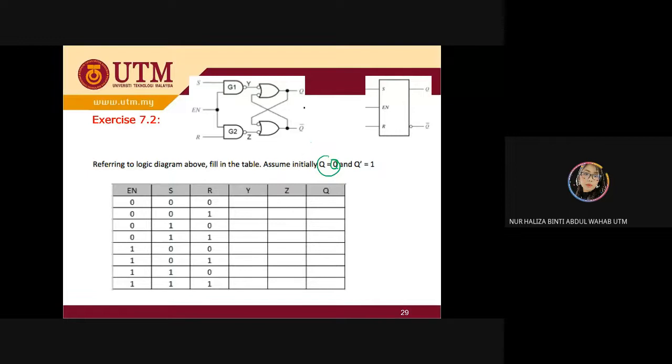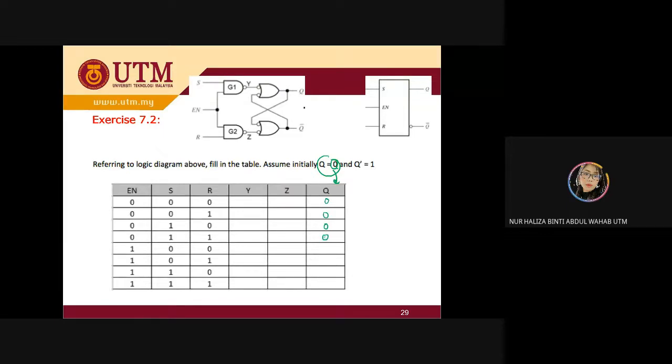You have Q here. We directly go to this part, for your SR latch. For 0, 0, there is no change at all. Before this, our Q is 0. So if it is 0, 0, it's going to stay 0.